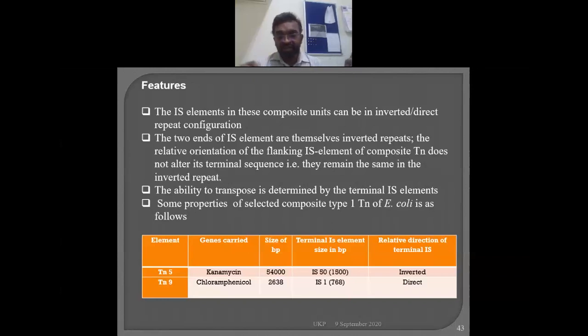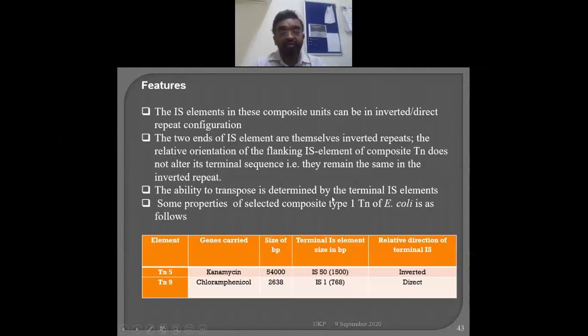Whenever transposition occurs from one location to another, the inverted sequences play an important role, because in the very first lecture when I started bacterial transfer, I said that these inverted repeats are the site of recognition for the transposase, and then the cuts are made. Hence the presence of these inverted repeats in the form of IS elements is important, and in between them this particular transposon is present.